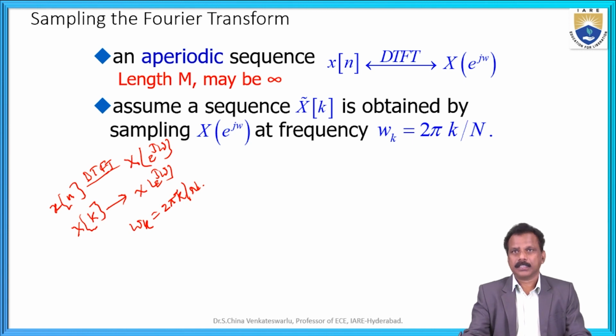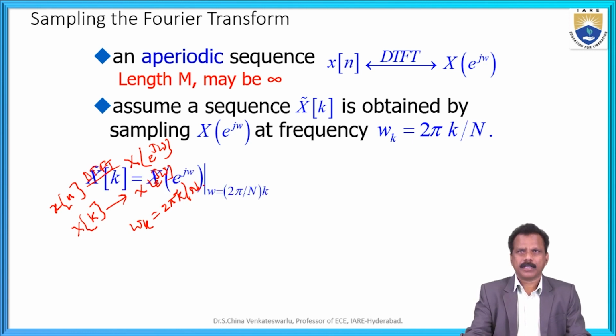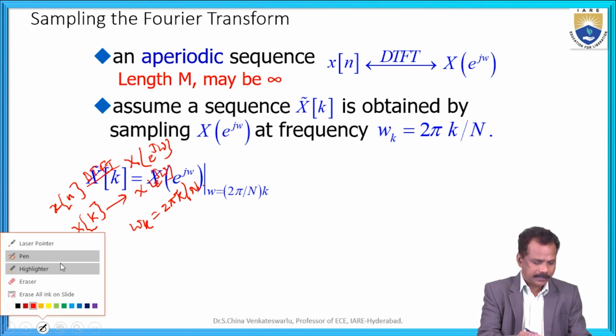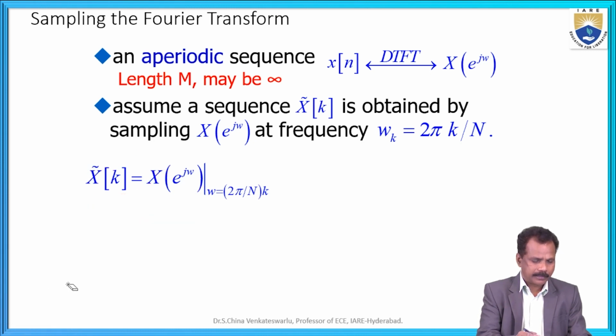Okay, where the X of k value is equal to X of e power j omega at omega equal to 2 pi by capital N into k.